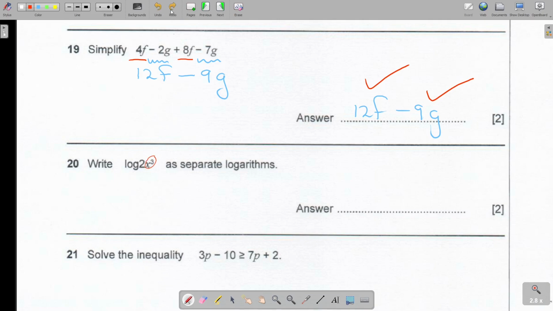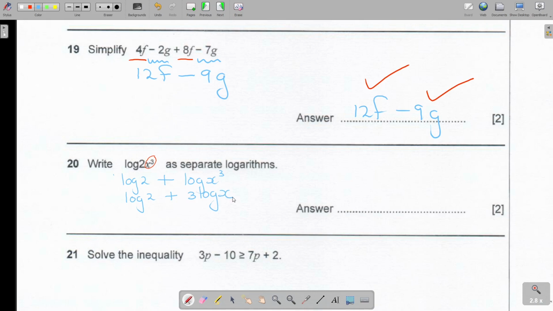Okay, I'm going to say log 2 plus log, with the plus and minus, I write every term its own log word, x^3. And now I can do that by saying log 2 plus 3 log x.